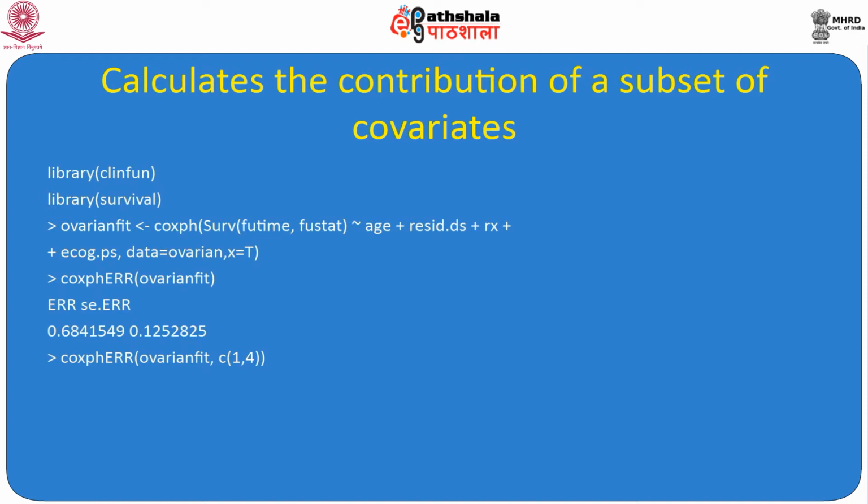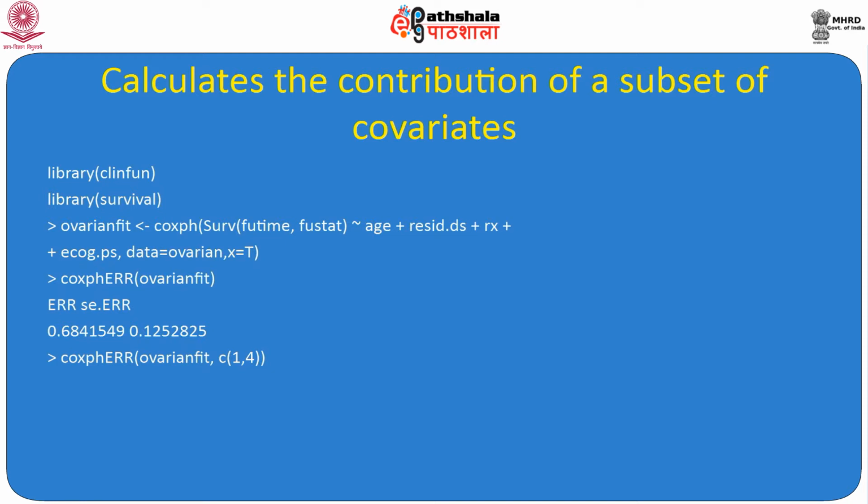So 4 covariates are here, and among these 4 factors except age, 3 factors like resid.ds, rx and ecog.ps are categorical variables. Resid.ds has discrete values 1 and 2, rx also has discrete values 1 and 2 like the given treatment, and ecog.ps also has discrete values like 1, 2, 3, 4.